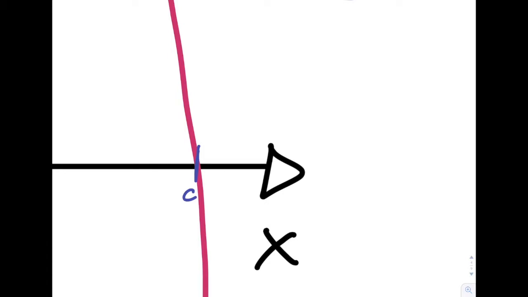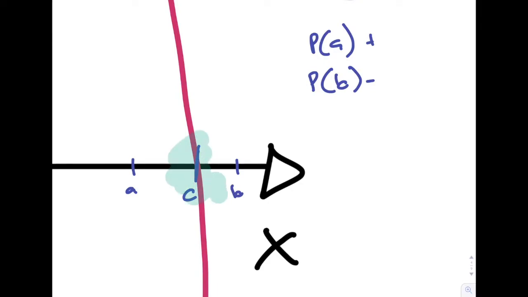If we're just to the left of c, we'll call that a, and if we're just to the right of c, we'll call that b. p of a is positive, p of b is negative. And that tells us that we've crossed the x-axis. We can't have crossed the x-axis without also having changed sign. So whenever the polynomial p of x changes sign, we should also know that we have a 0.